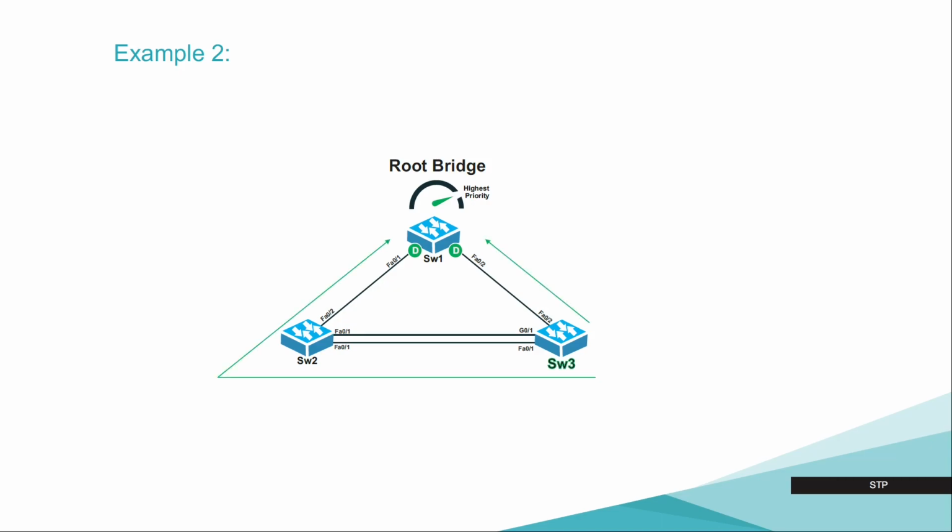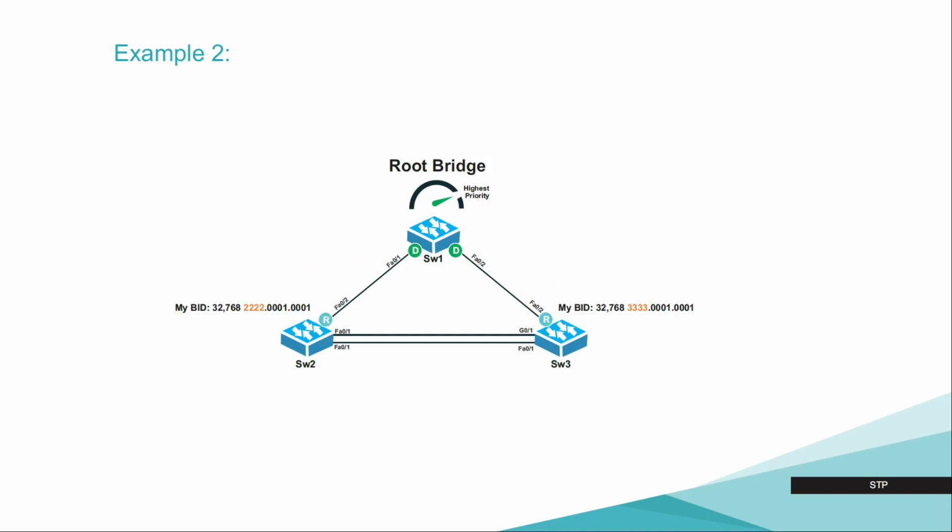We're gonna start with the loop on interface FastEthernet 0/1 on switch 2 and interface FastEthernet 0/1 on switch 3. Switch 3 will have two paths, a path with path cost 19 and another path with path cost 38. In that case, the port with path cost 19 will be the root port. Same thing with switch 2.